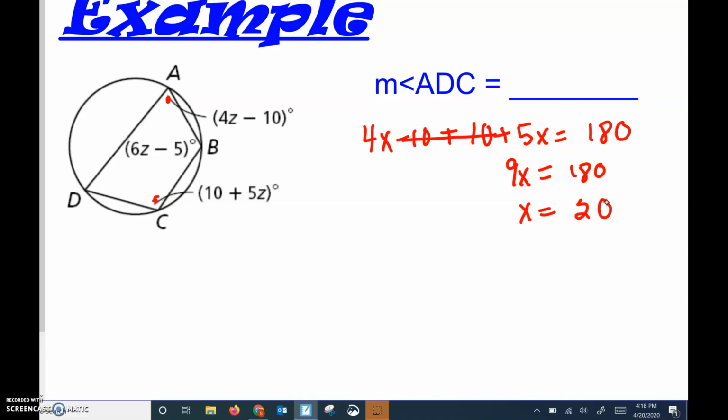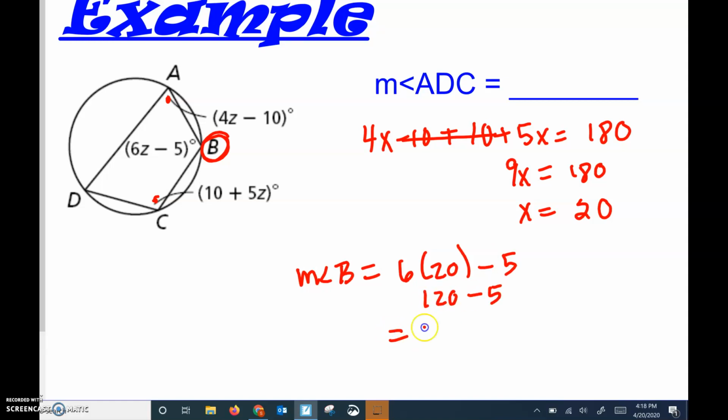So now if x is 20, can I find the measure of angle B? The measure of angle B is going to be 6 times 20 minus 5. So I have 120 minus 5, so angle B is 115. And what do we know about angle B plus angle D? We just found out those opposite angles must be supplementary.